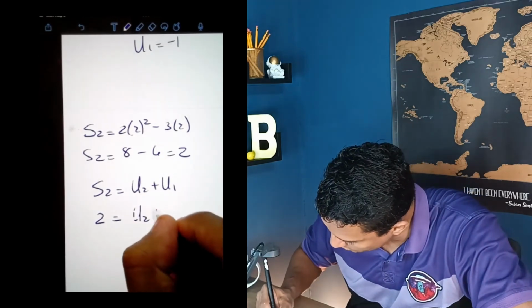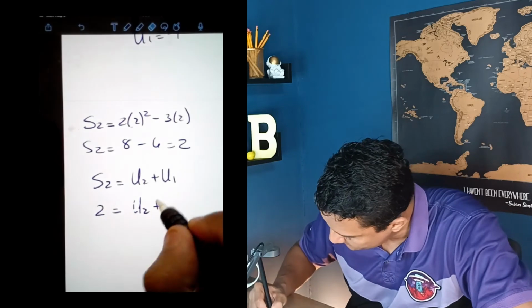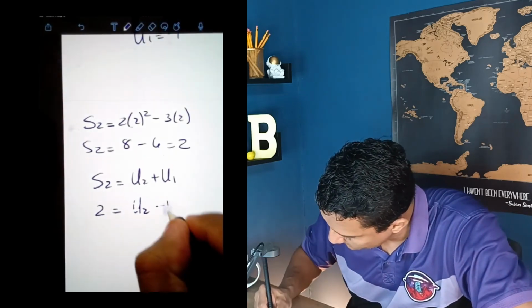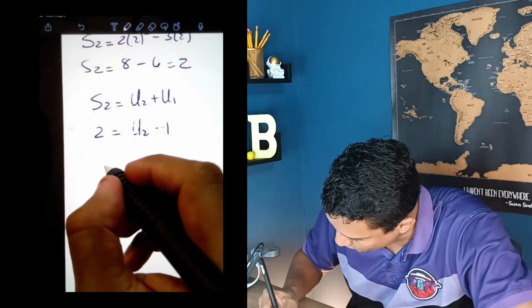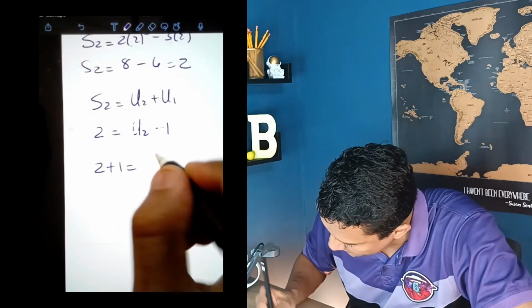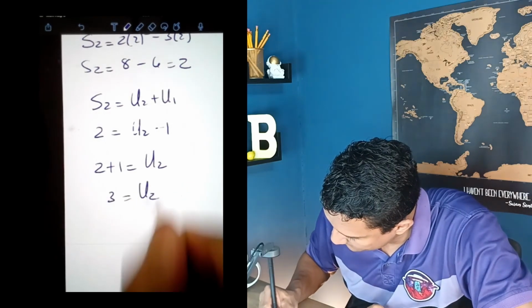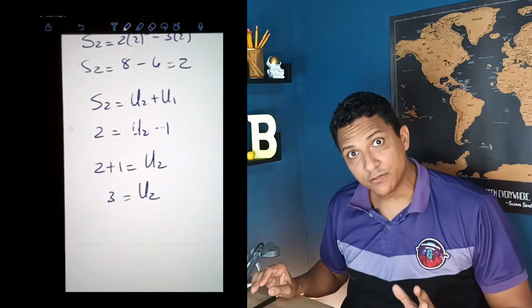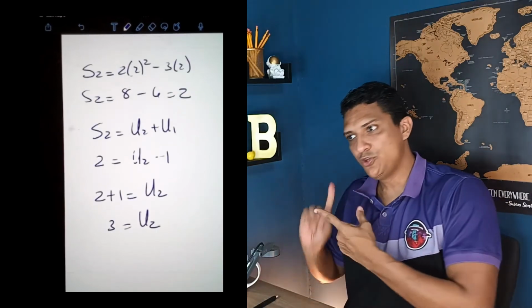U2 is what we are looking for, and U1 is negative 1. Okay, and now I'm gonna solve this equation. 2 plus 1, so there you go. U2 equals 3.